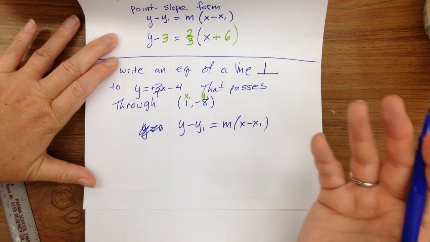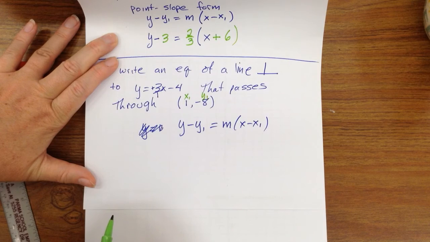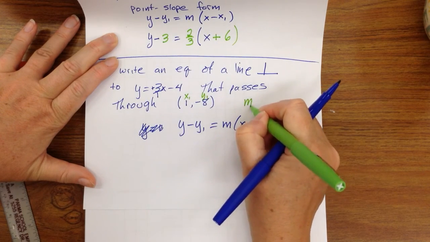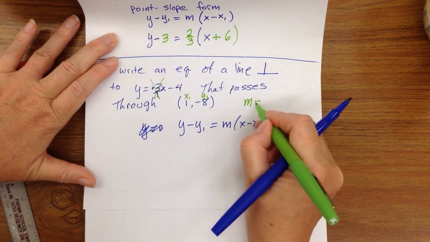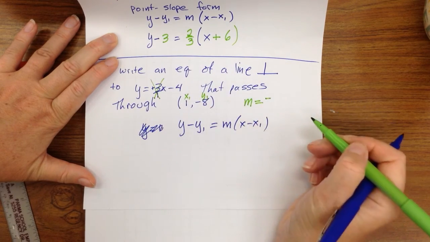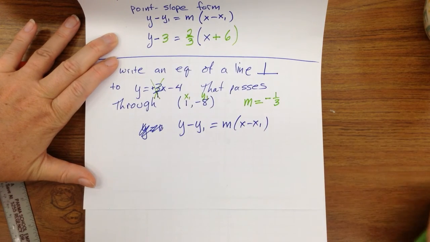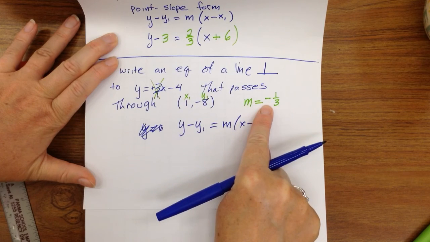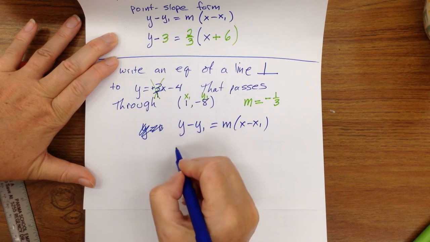So what slope should we use? I'm thinking we should use the opposite reciprocal slope. So the slope we're going to be using is not this one. No. We are going to be using opposite sign, reciprocal value. Hey, point, slope. I know. Plug and chug, people.